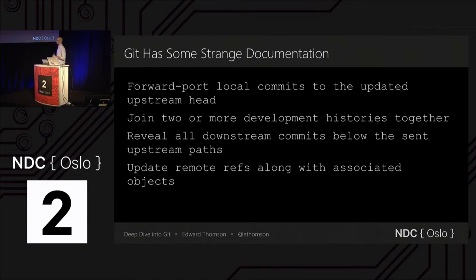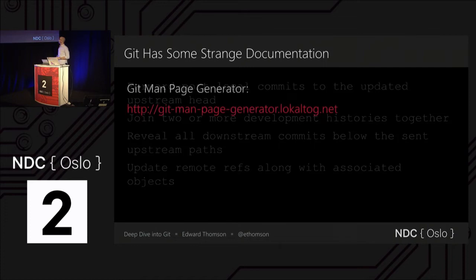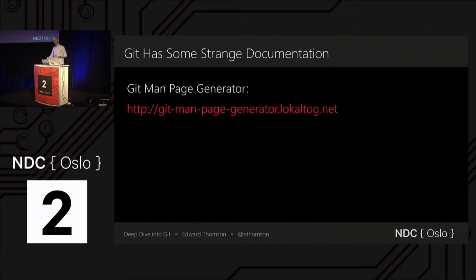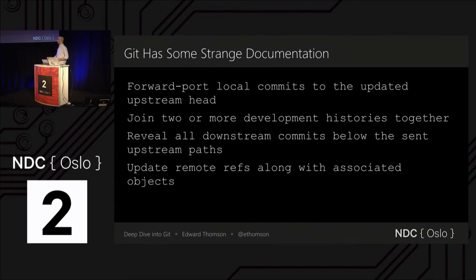So I want to pause real quick. I think honesty between you and me is really important in the short 60 minutes we have together, and I'm telling you a lie on this slide. One of these things is actually not in the Git man pages. The Git man pages are so dense and hard to understand that somebody has created a fake Git man page generator, which is tons of fun. They fed all the existing man pages into a Markov chain generator, and out pops random things that sound like Git man pages.